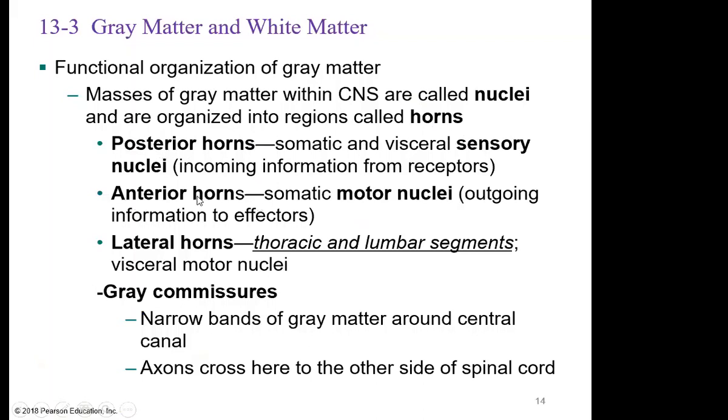In the anterior horn, you should have the SM, the somatic motor, and in the lateral horn, you should have the VM for the visceral motor. Just remember, the lateral horn is thoracic and lumbar segments only. And we drew our gray commissure on our picture as well. Remember, these are the bands of gray matter around that central canal so that we can have information crossing over from left to right.